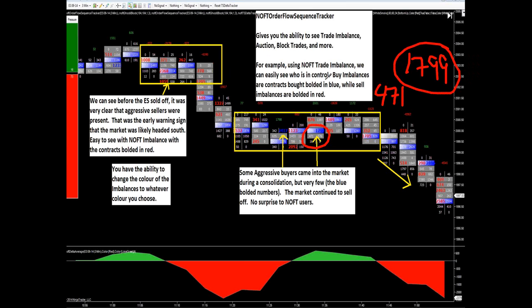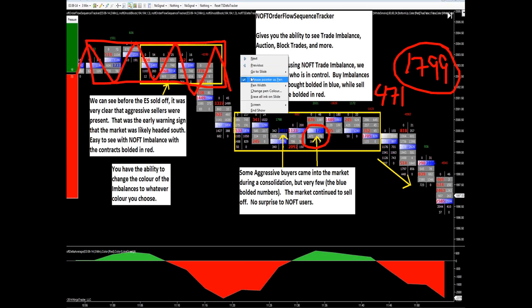So it's easy for us to see who's in control. In this particular chart, they're highlighted in red and in blue. As Kai was mentioning earlier, you can predict with some degree of accuracy where the market is going to break out. We're obviously in a consolidation up here in the left-hand corner.